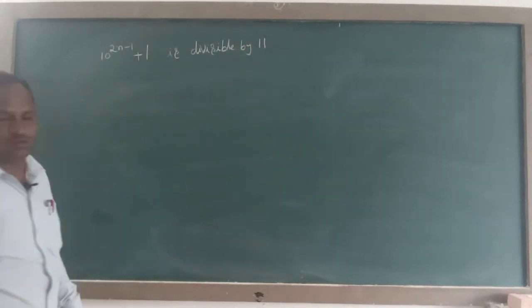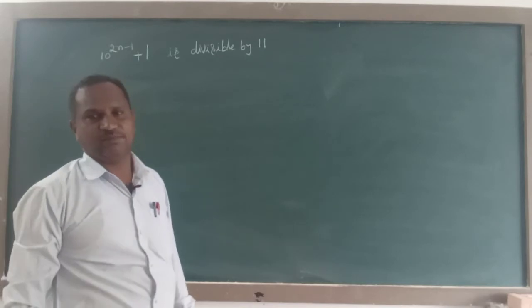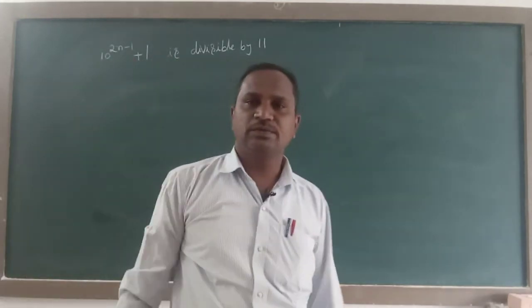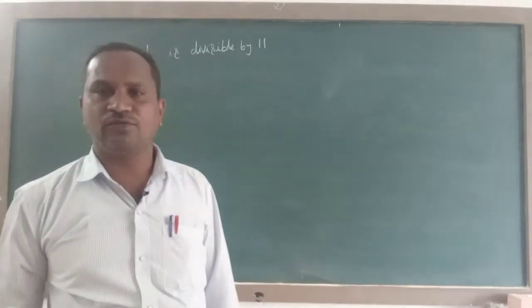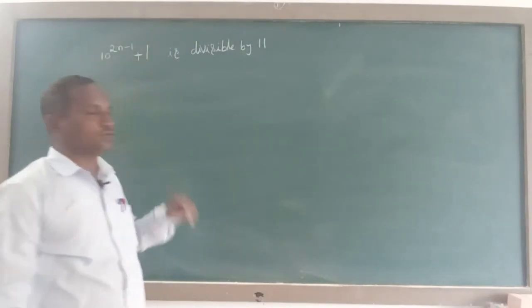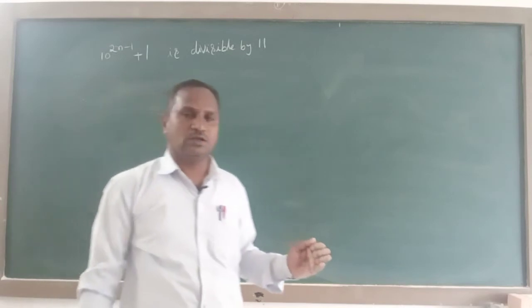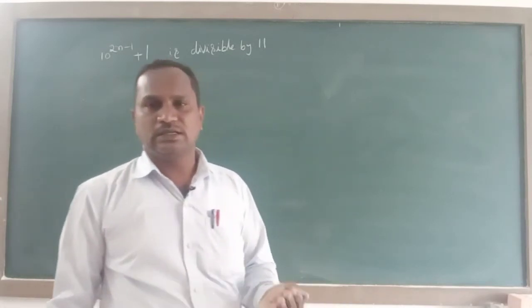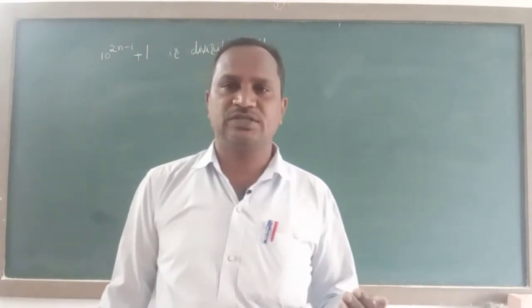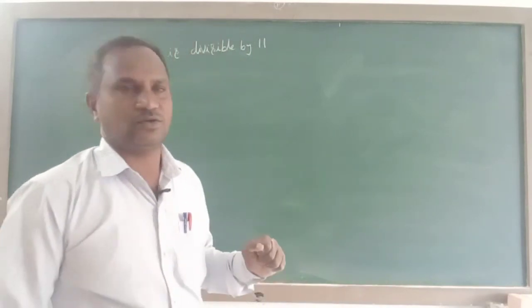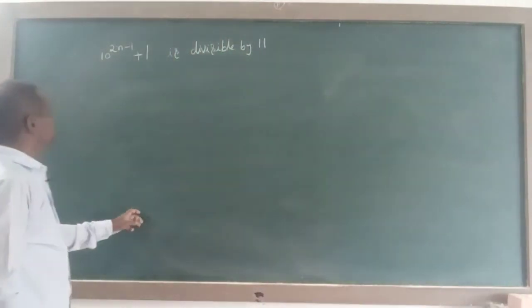Divisible by 11 or multiple of 11, both give the same meaning here. That's why, the procedure we applied in the previous question, the same procedure we are going to apply for this question. First one is the basic step.